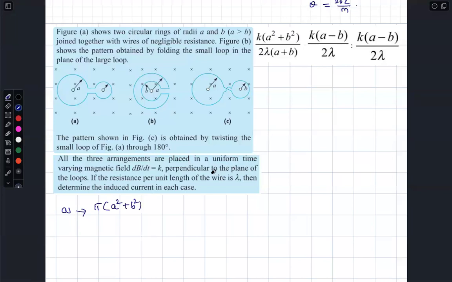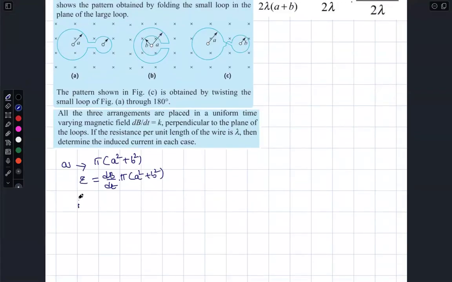So the source of EMF is dB by dt times pi (a square plus b square). Current is EMF by resistance. dB by dt is K, that's what I have given. So K into pi into (a square plus b square) over the resistance.